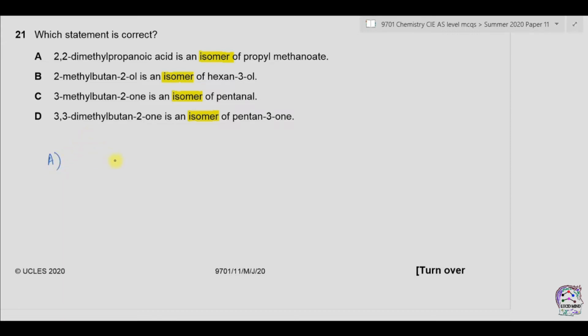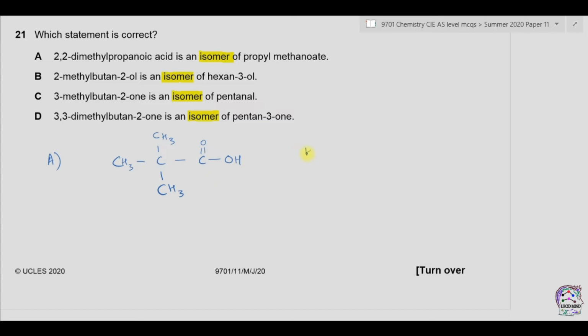We have 2,2-dimethylpropanoic acid. On second carbon we have 2 methyl groups, so it will be CH3, CH3, CH3 and COOH.